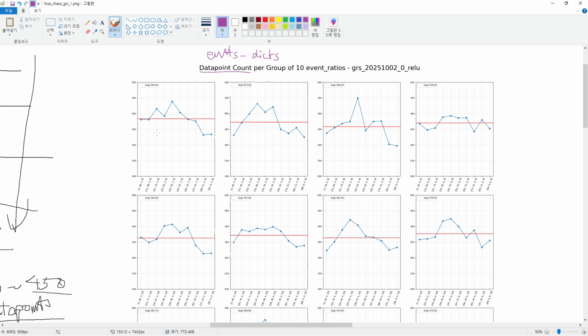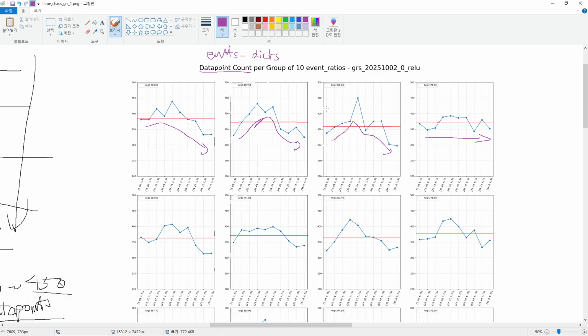And they all seem to have this pattern of going slightly downwards, upwards and then downwards, slightly up and then going down, whereas here it's all kind of a flat line.